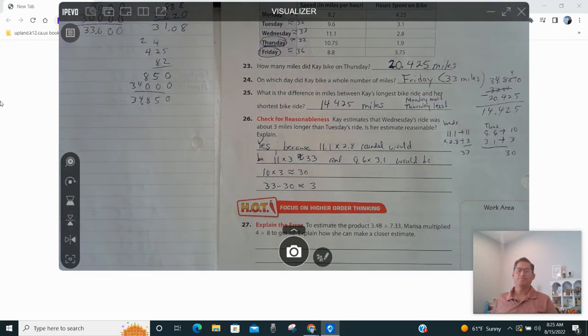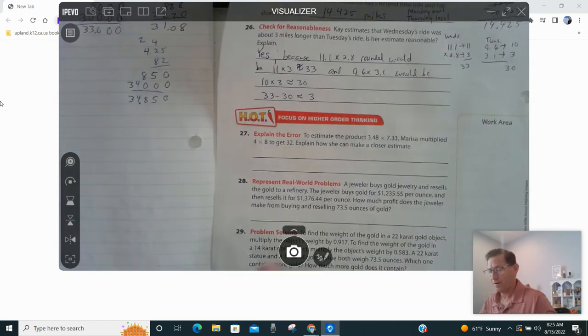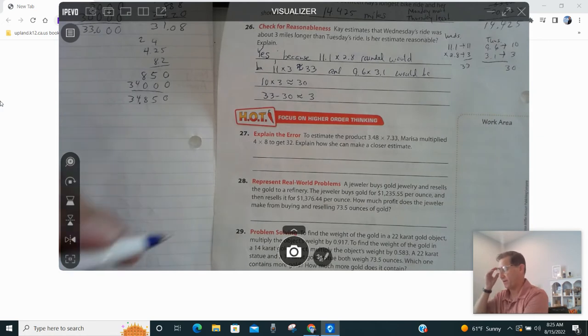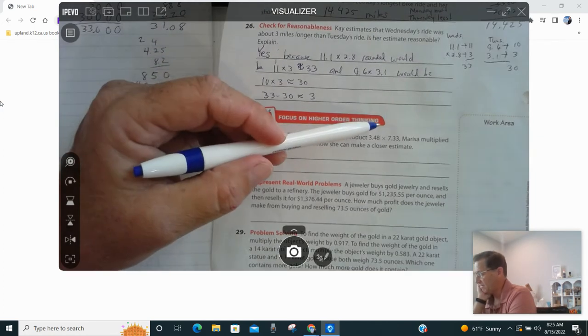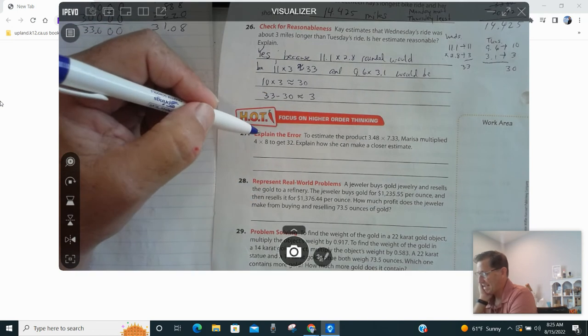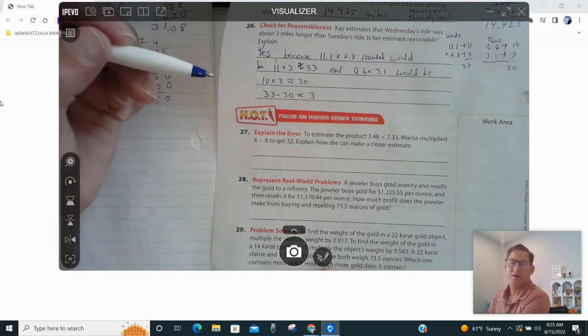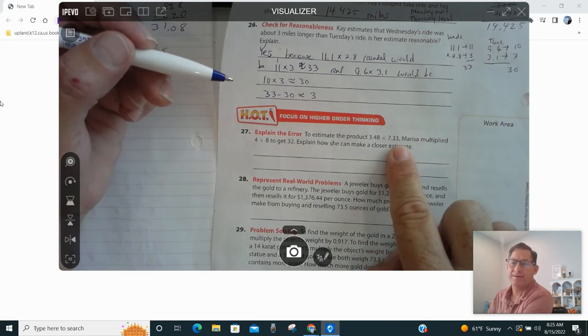Okay. So 11.1 times 2.8 gets rounded to 11 times 3, which is about 33. 9.6 times 3.1 is close to 10 times 3, which is 30. And 33 take away 30 is 3. All right, 27. To estimate the product, 3 and 4800ths times 7 and 3300, Marissa multiplied 4 times 8 to get 32. Explain how she can make a closer estimate. Well, she rounded both of these numbers up, right?